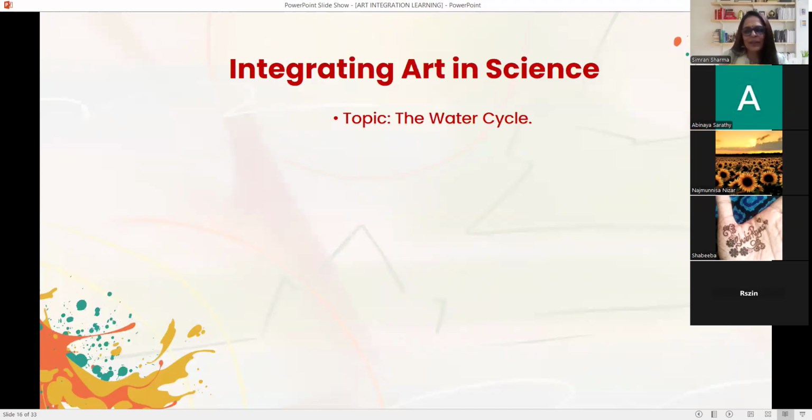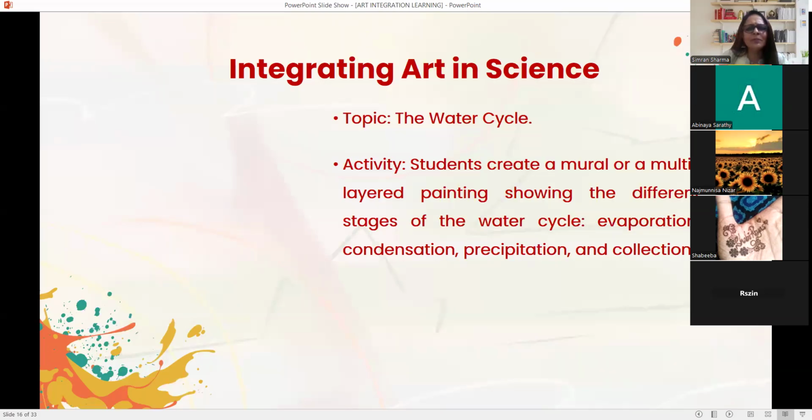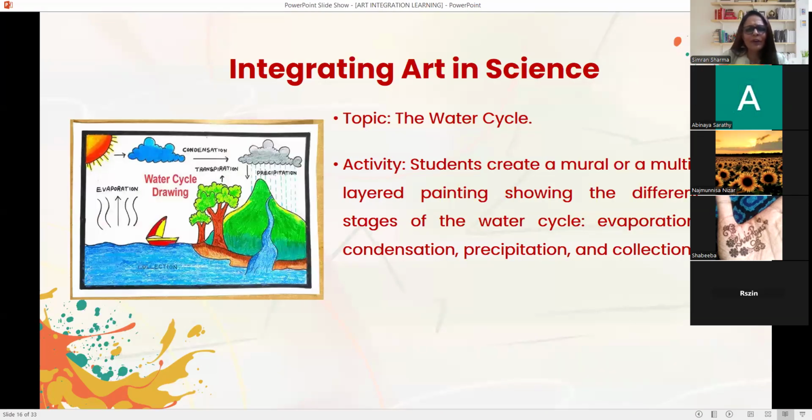In science, we have so many different ways to explain different concepts. They talk about the water cycle. This multi-layered diagram gives you complete information. There's a sun, because of that evaporation takes place, then condensation, in between transpiration also, ultimately precipitation and rain falls.